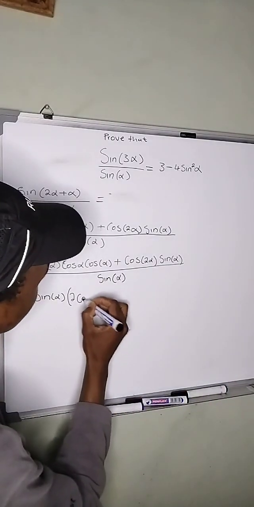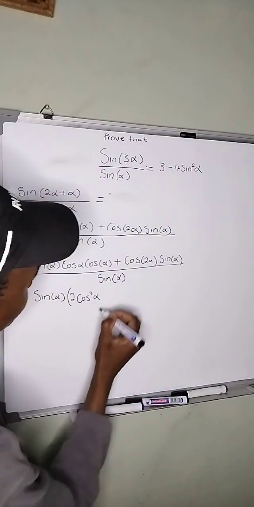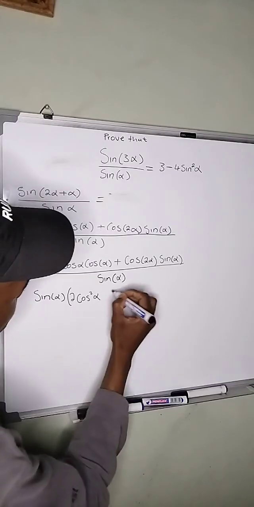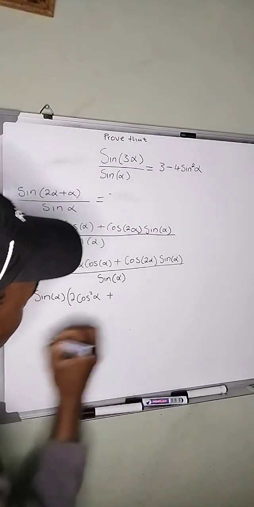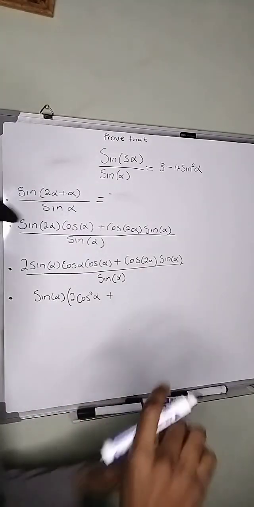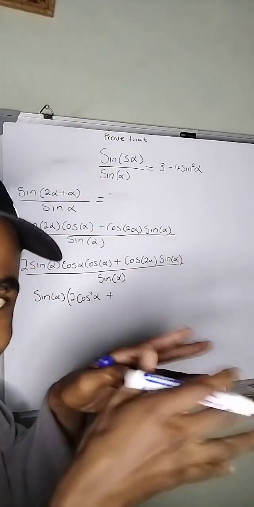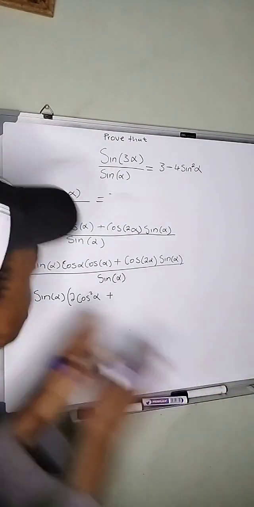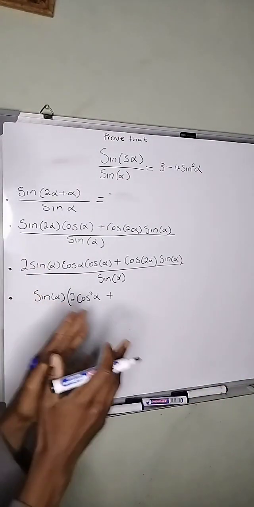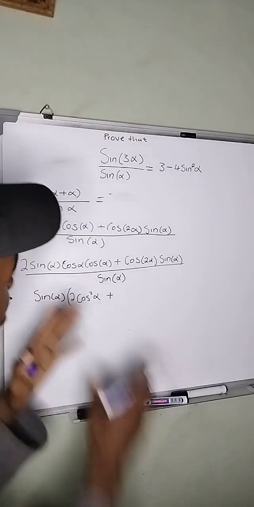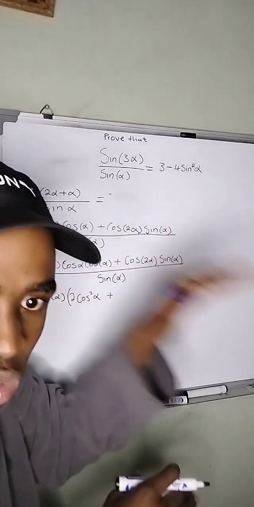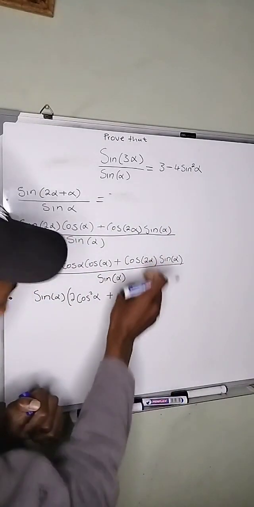This is going to be cos squared alpha plus this guy. I'm leaving him as he is. I want to see where this workout takes me before I substitute this guy.